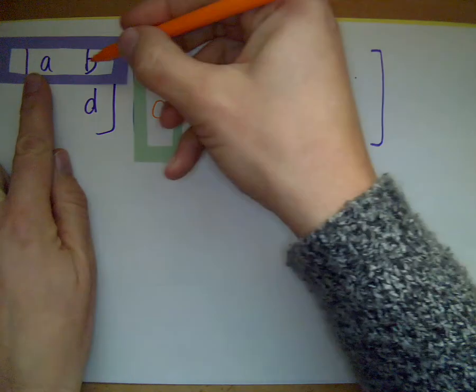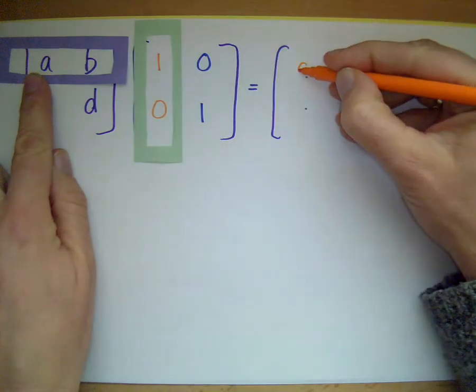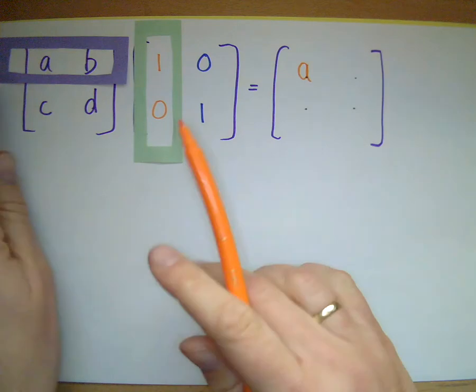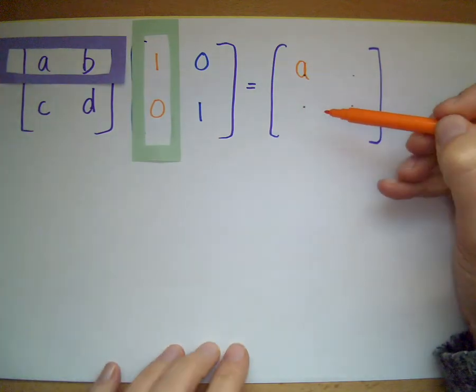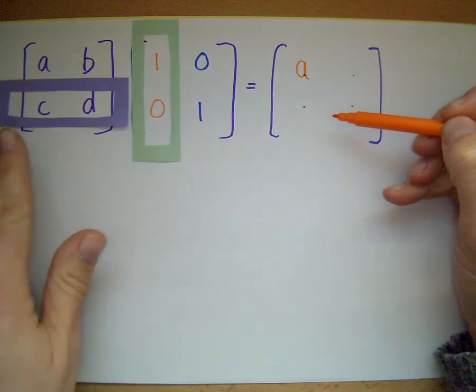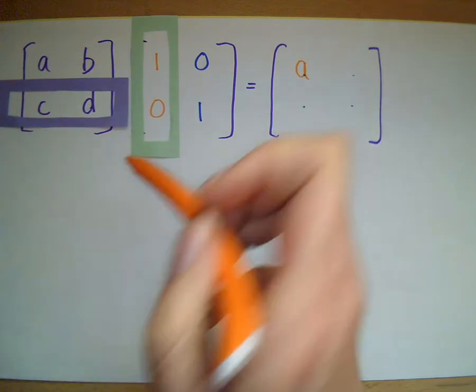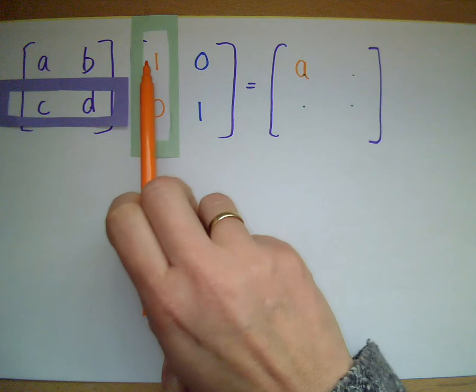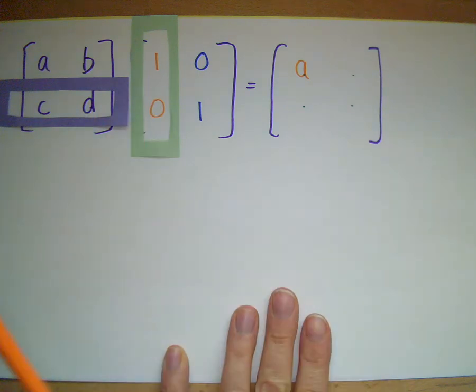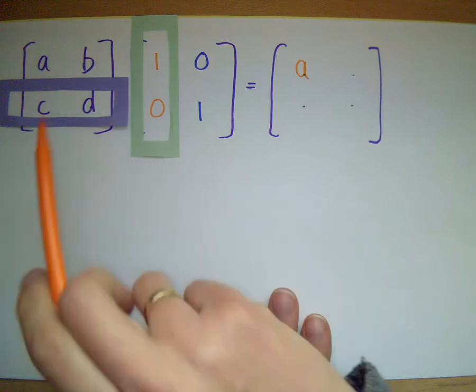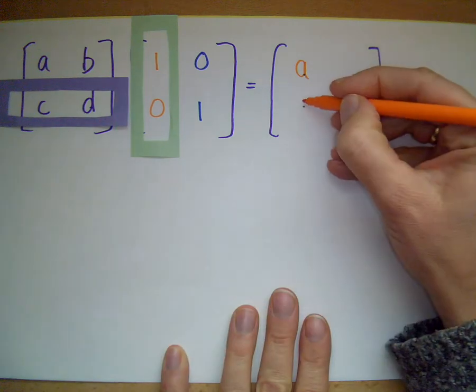So it's just going to be A, right? 1A and 0B. To get this number, we multiply the second row by the first column. C times 1 is C. D times 0 is 0. So all we have is 1C. So C.